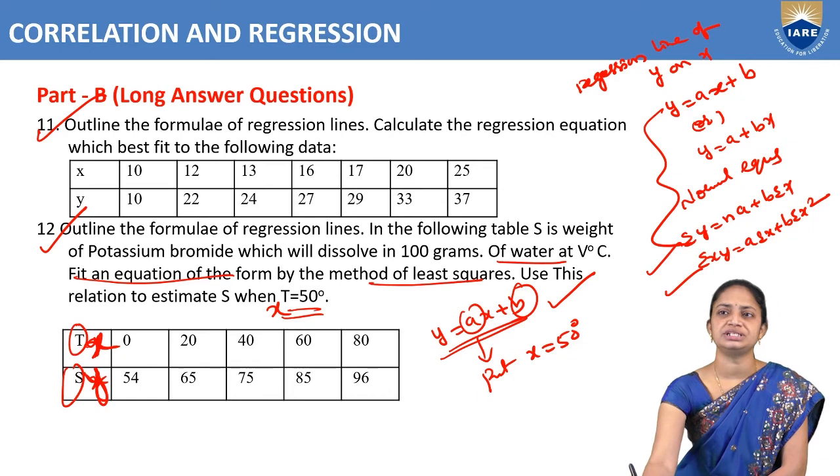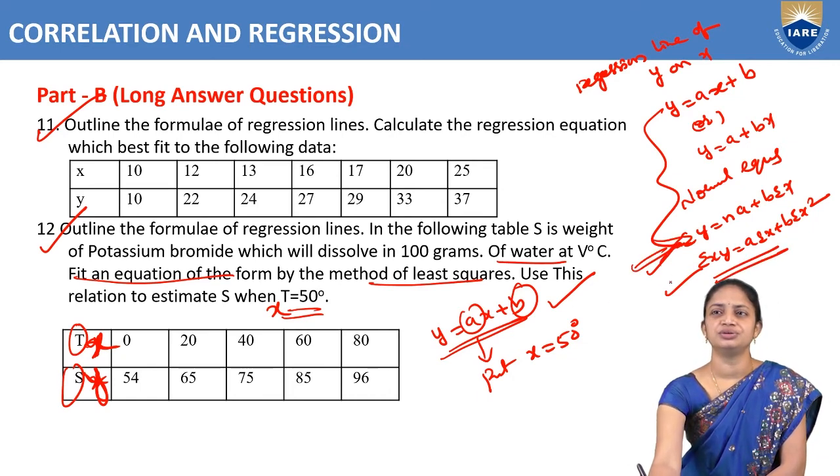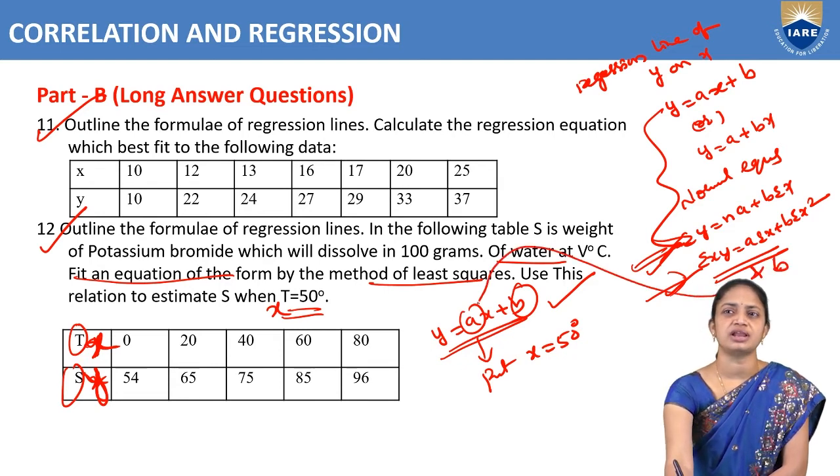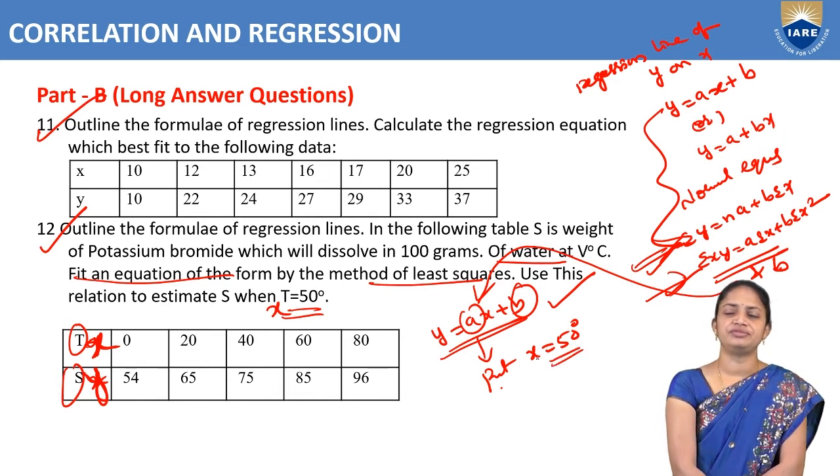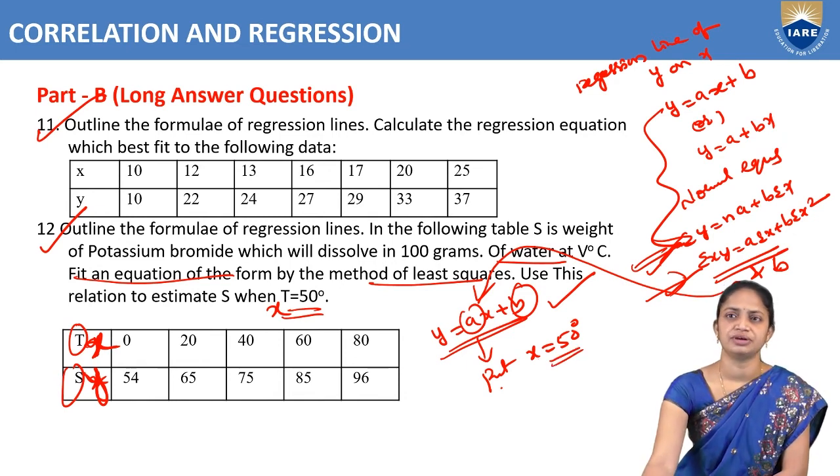These two equations are useful for finding the a and b values. After finding them, we substitute here, and then put x equal to 50 degrees. So we use the regression line of y on x for the 12th question.